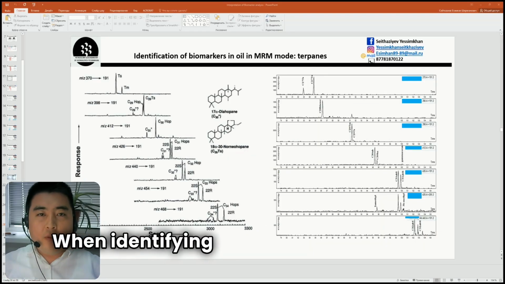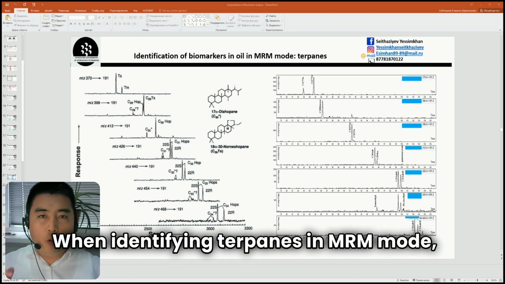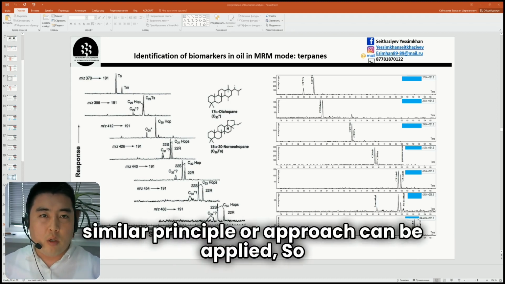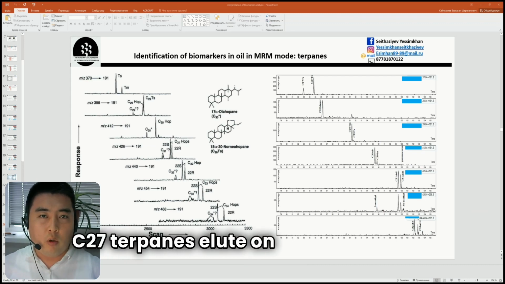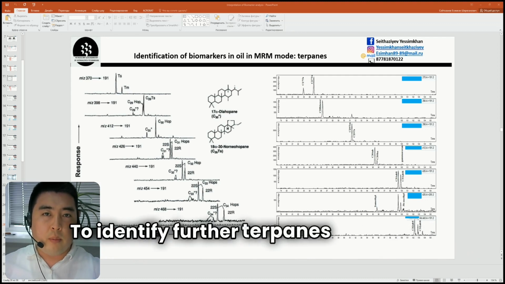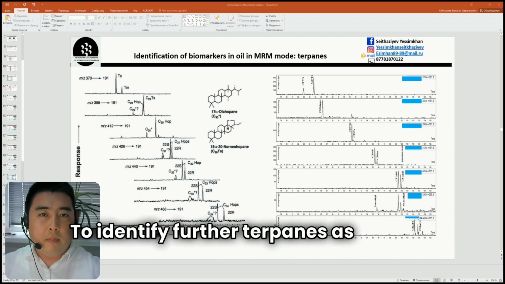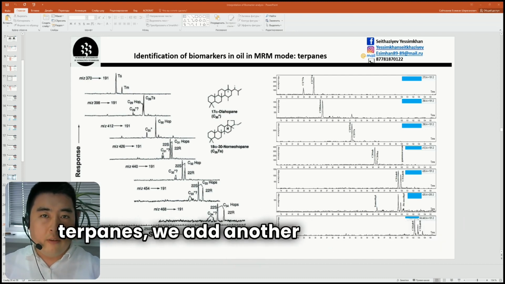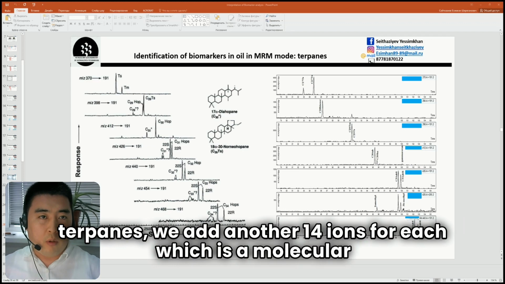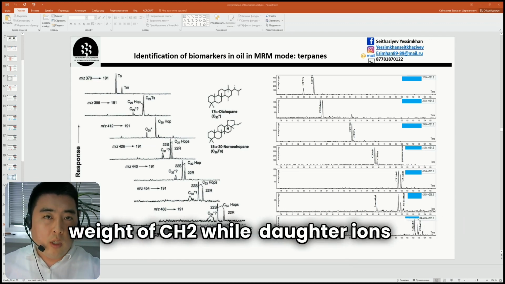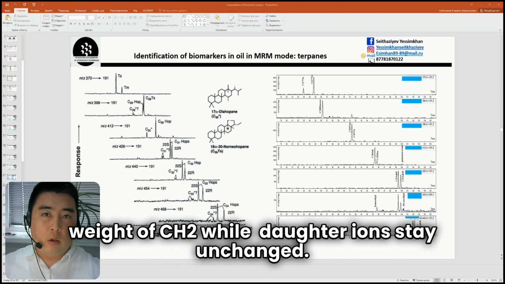When identifying terpenes in MRM mode, a similar principle can be applied. So C27 terpenes elute on channel 370 to 191. To identify further terpenes such as C28 and C29 terpenes, we add another 14, which is a molecular weight of 28 divided by 2, while daughter ions stay unchanged.